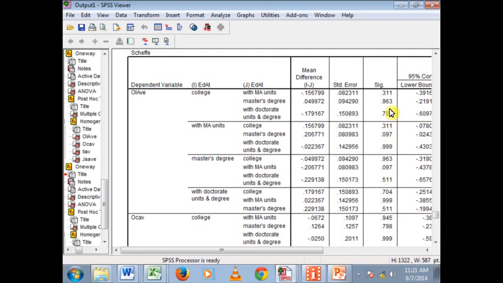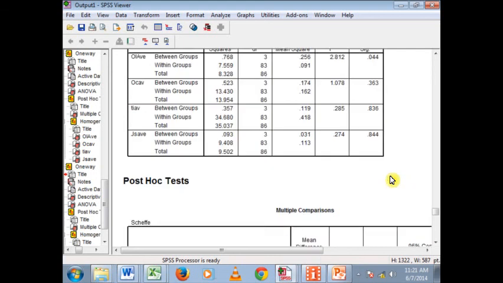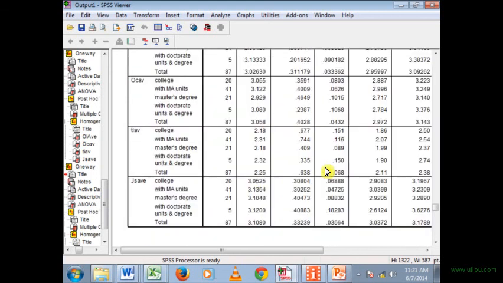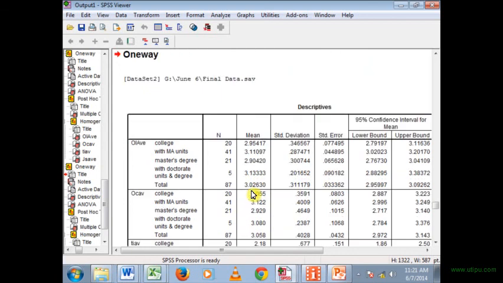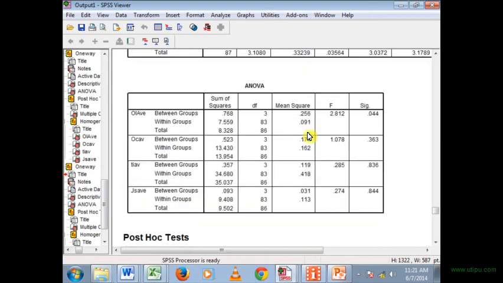So the significance level does not even tell us. It simply tells us that generally, the groups do differ in terms of their educational qualification when we talk about the organizational identity.